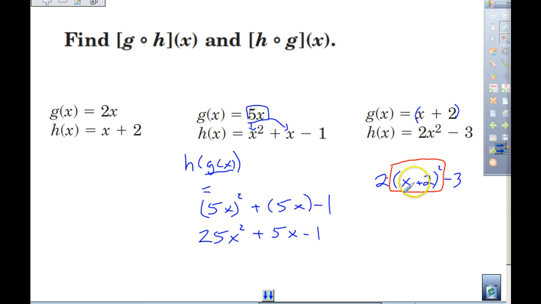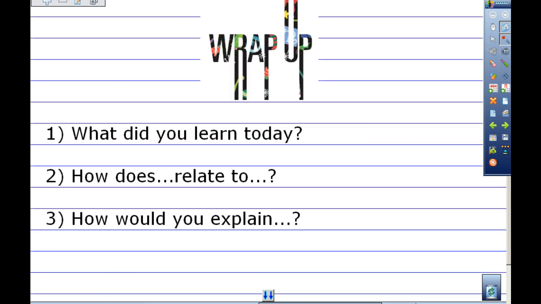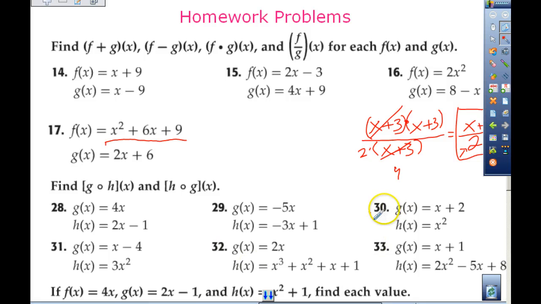You got to do order of operations. 2 times x squared plus 4x plus 4. Distribute the 2, then subtract 3. Alrighty. Have fun. Shouldn't take too long. Maybe a half hour at most.